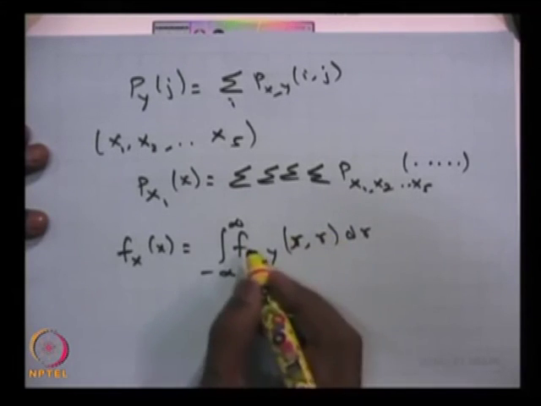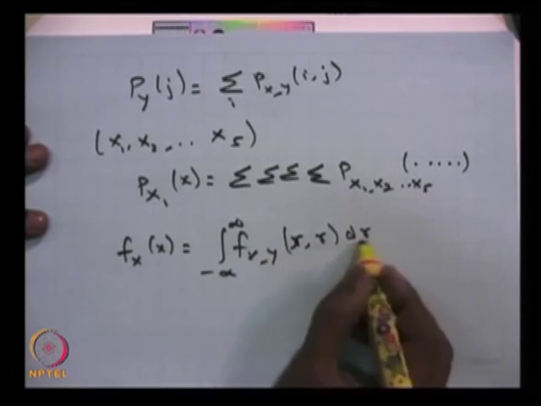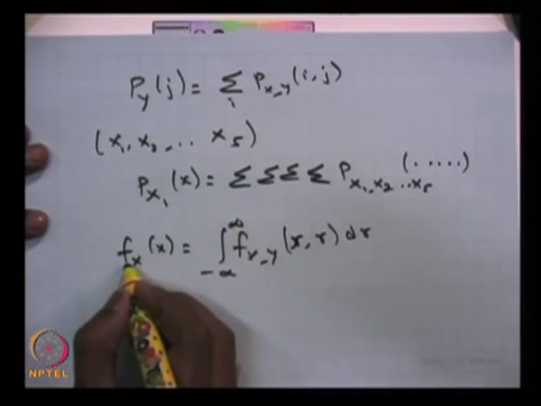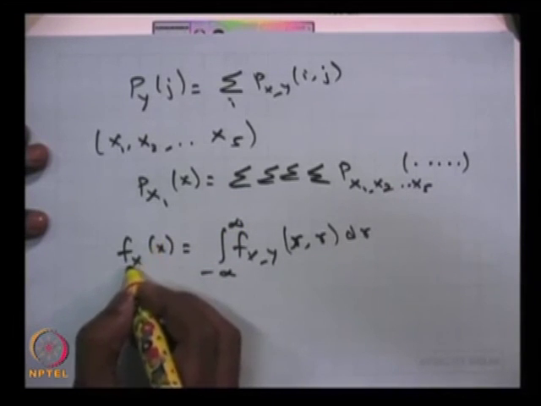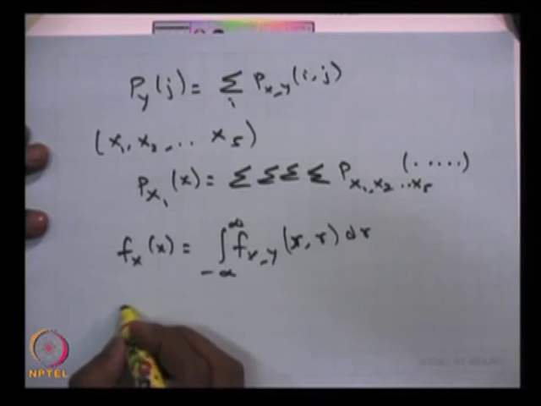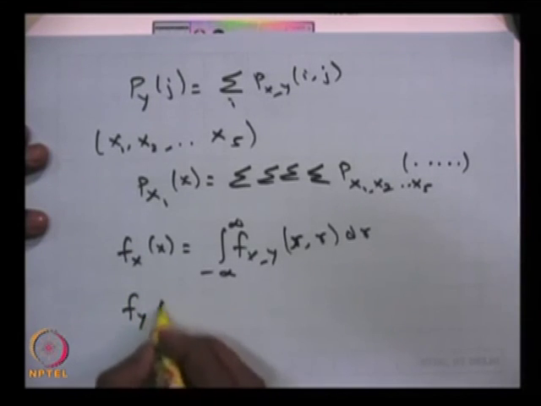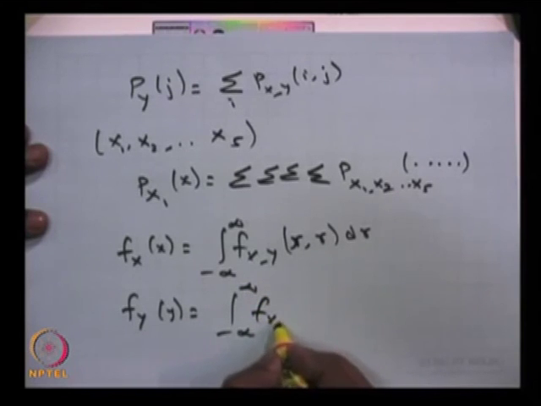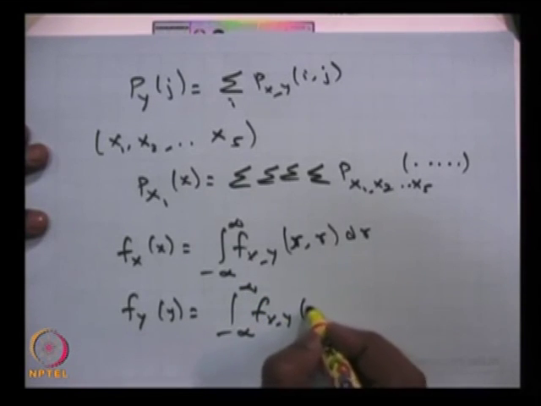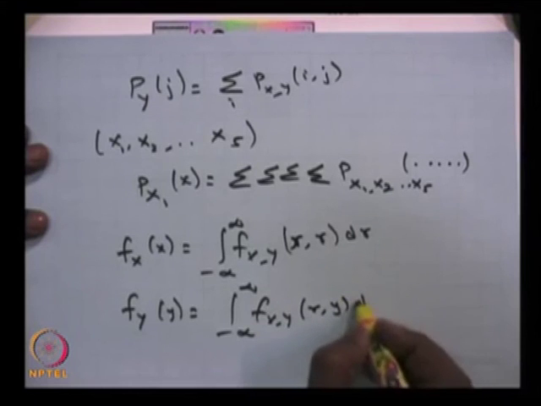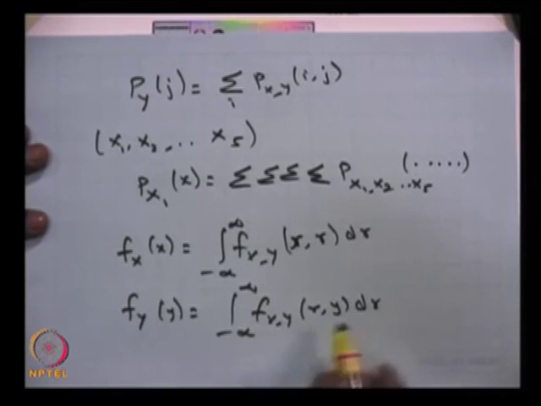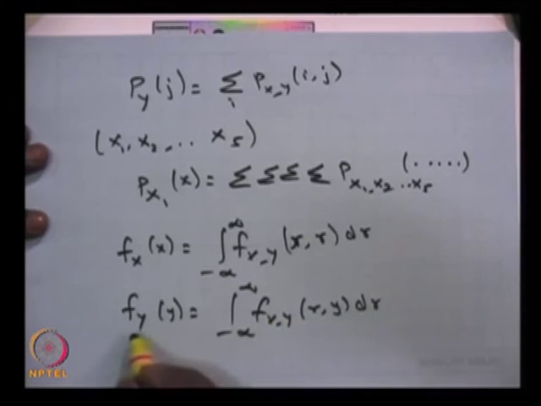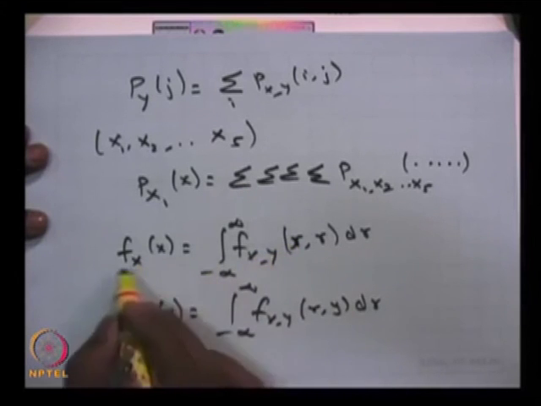From the joint probability density function, by integrating with respect to the other random variable, you will get the probability density function for this random variable y. Similarly, you can get the probability density function for x by integrating with respect to r, so that means you are just finding the marginal distribution of the random variable y, and here you are finding the marginal distribution of x.